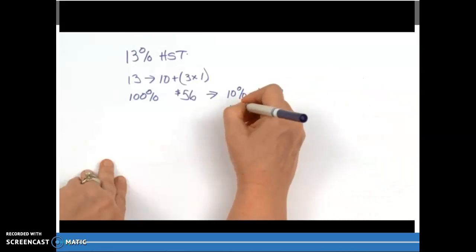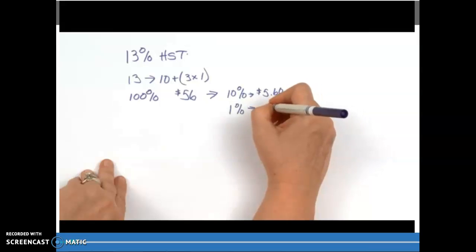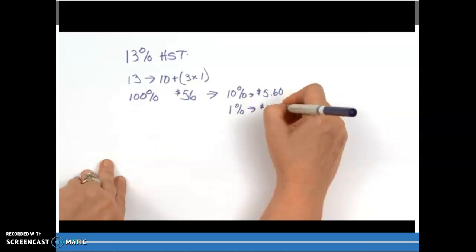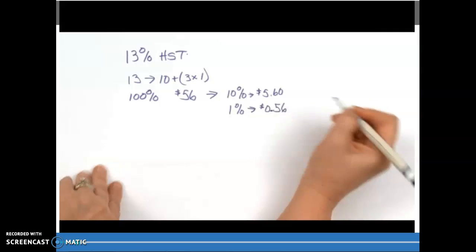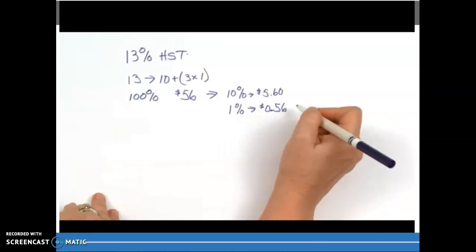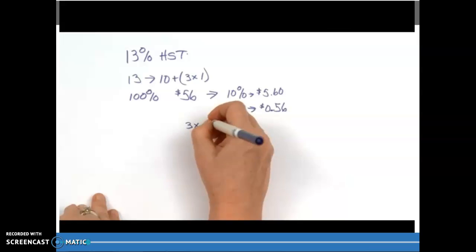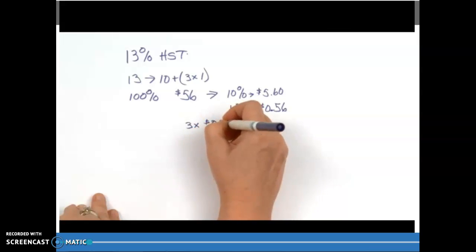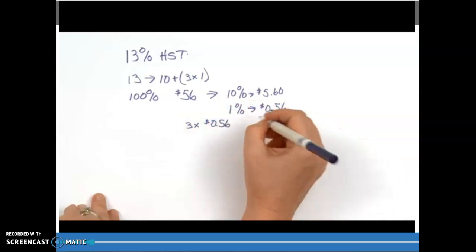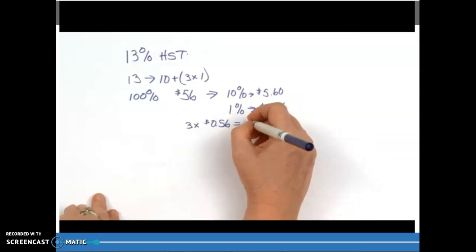I could also say that 1% of it will be 56 cents. However, I need 3 of those 1%. So I need to figure out 3 times 56 cents. 3 times 56 cents is $1.68.